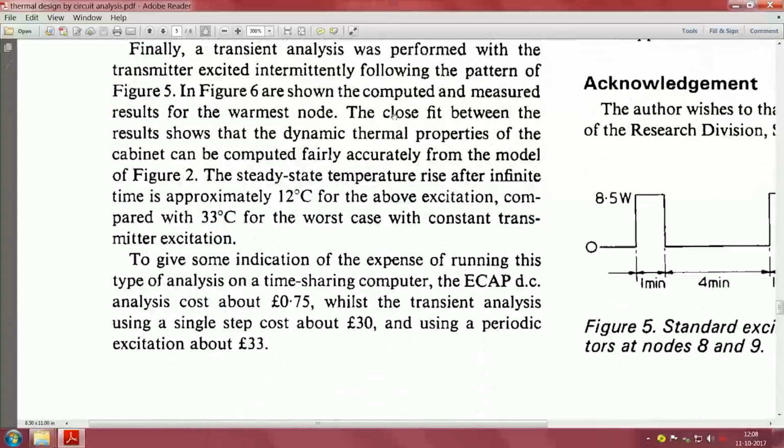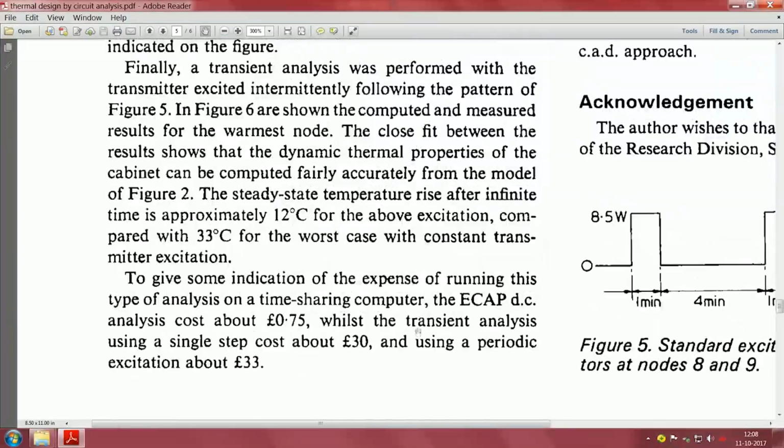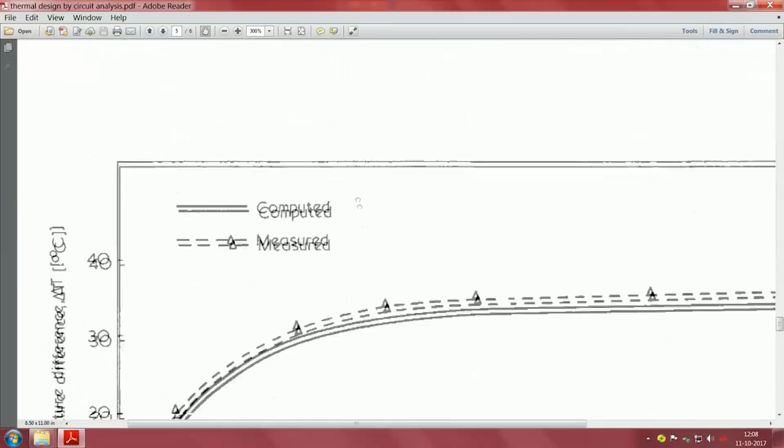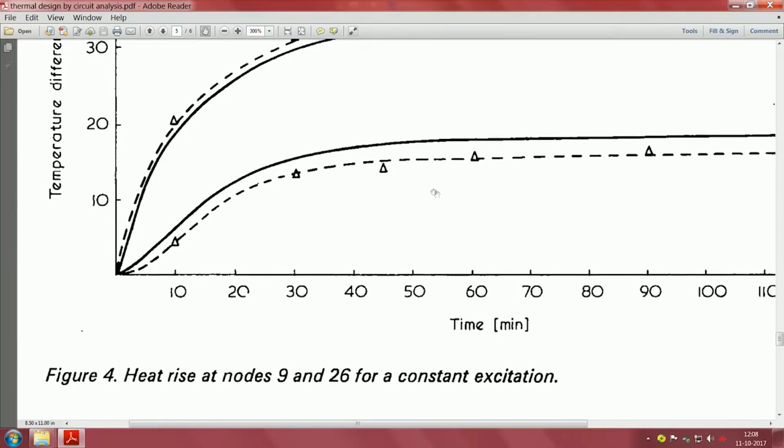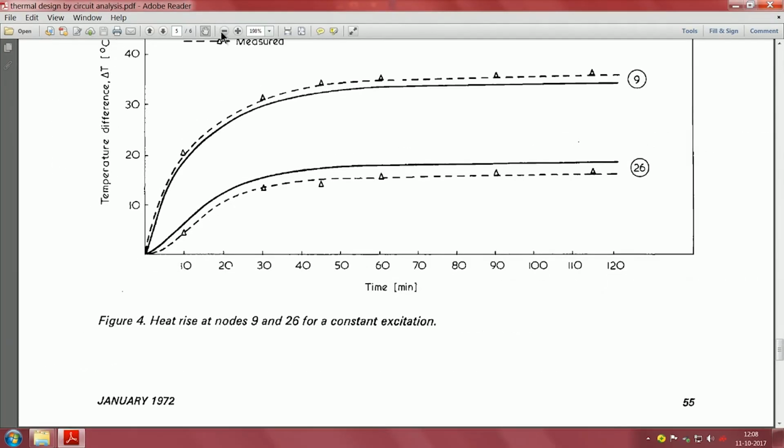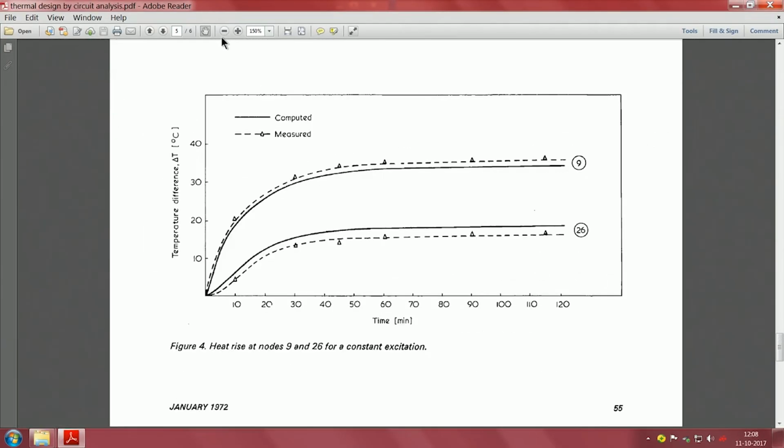So, nodes 9 and 26 for a constant excitation. You see here one very important thing.